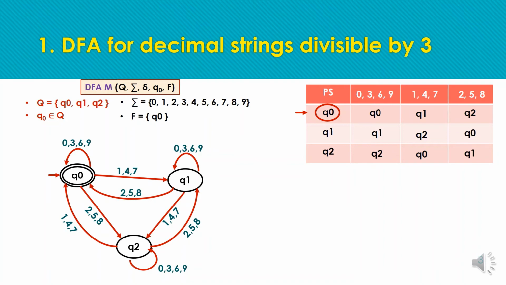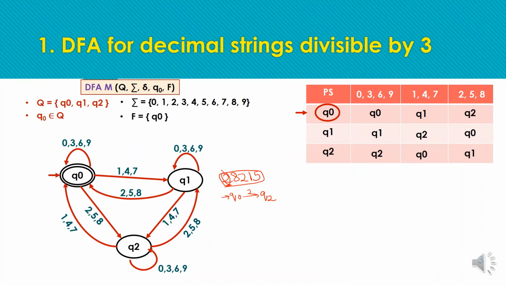For example, we are taking the string as 28215. Okay, so starting from the initial state Q0, on receiving this first symbol 2, we are moving to the state Q2.